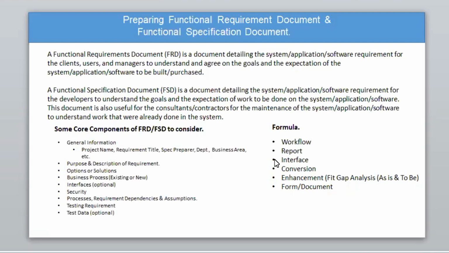Another example I'm going to give you with functional specification document is, take for example, if you have experience in Salesforce CRM, it means that if you are required to write any functional document, likely you will be able to write a functional specification document because you do have experience on Salesforce.